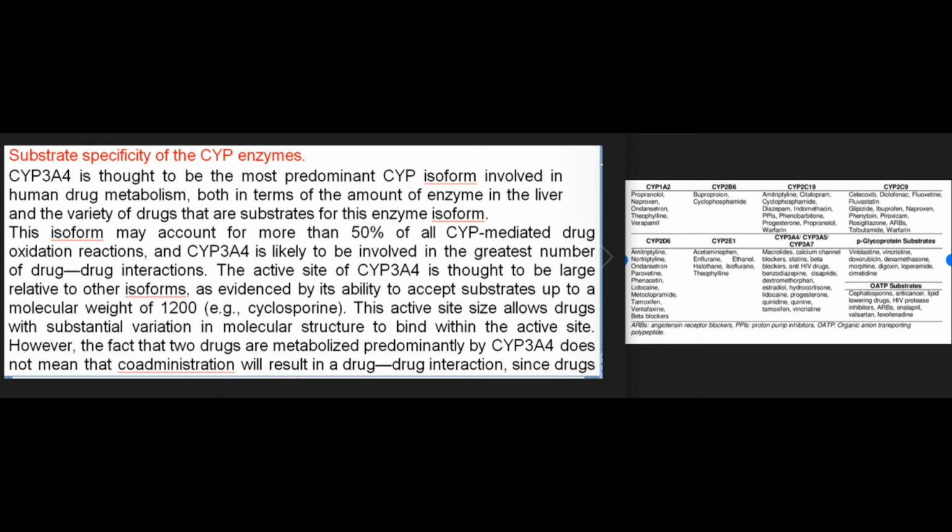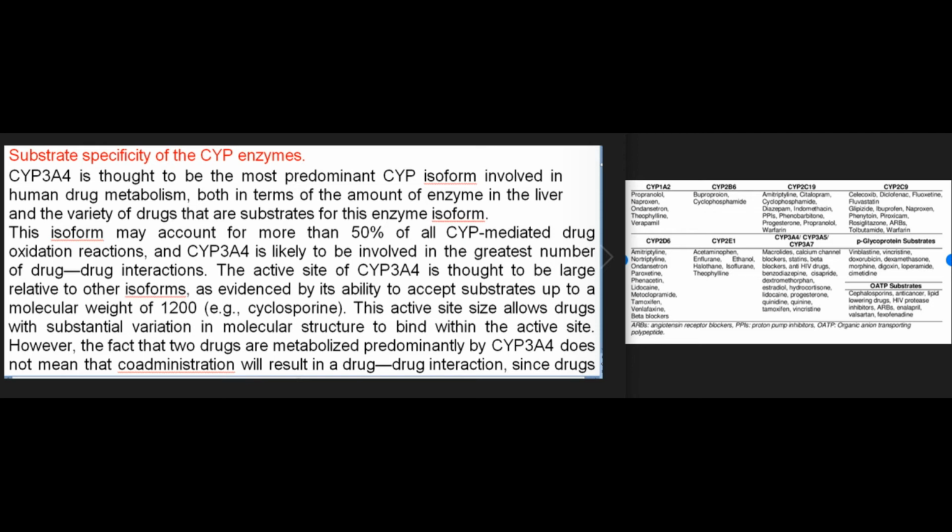The active site of CYP3A4 is thought to be large relative to other isoforms, as evidenced by its ability to accept substrates up to a molecular weight of 1,200, for example cyclosporin.